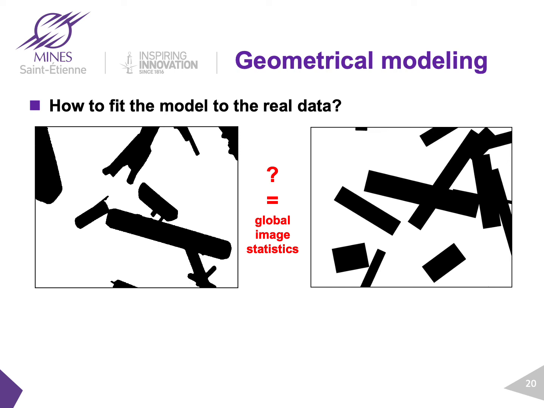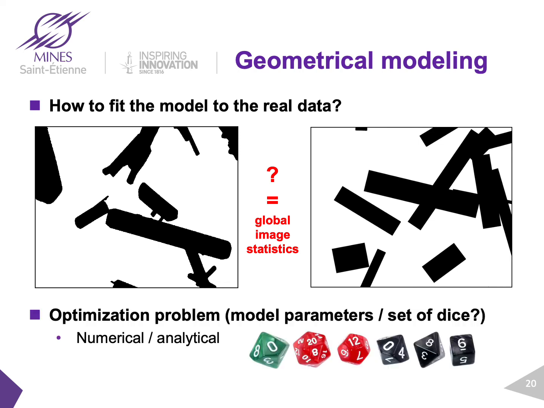And we would like to get the optimal parameters in order to say that these two images are very similar. And for measuring the similarity, we will use some global image statistics. So for sure, it's not similarity pixel by pixel, but some global statistics on the whole image.